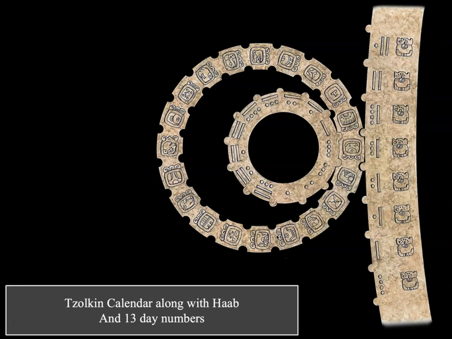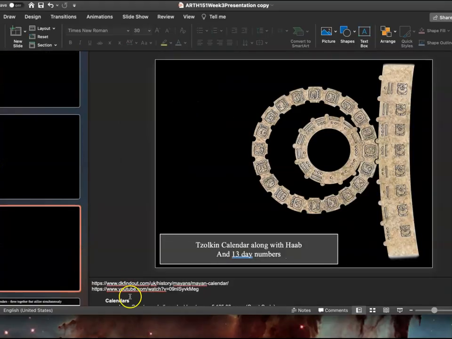Now, there are a couple different calendars for the Mayan culture. The long count is probably the most famous, but it's part of the Tzolk'in calendar along with the Hab and 13-day numbers. It kind of circles along in this direction. I think I have a video here. Give me 1 second.